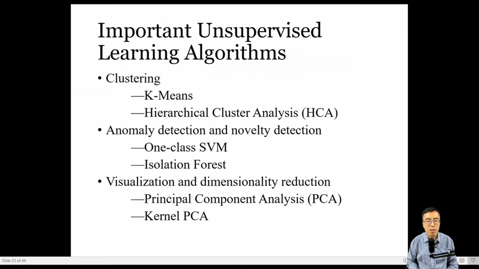These are some of the commonly used unsupervised learning algorithms. We can classify them into different types. The first type is called clustering, including k-means and hierarchical cluster analysis, or HCA. The second type is anomaly detection and novelty detection, basically detecting the outliers from a distribution.